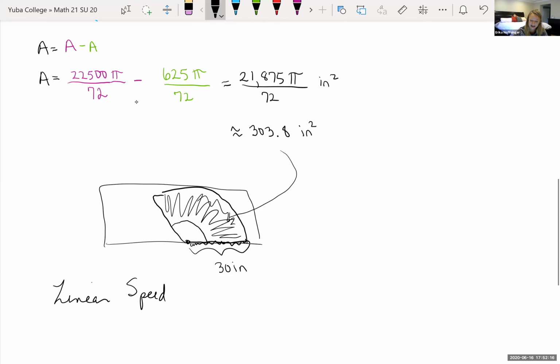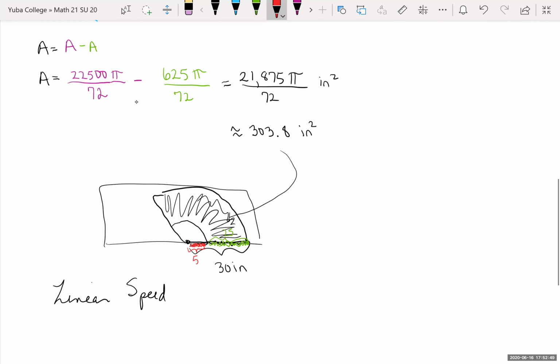We were told that this piece right here is 25 inches. So the piece that is left, that is not being cleaned, is 5 inches, because I take my whole blade, which is 30 inches, minus that rubber piece, which is 25. The piece that's not rubber, that's not getting the windshield clean, we have to subtract that area off. Got it.